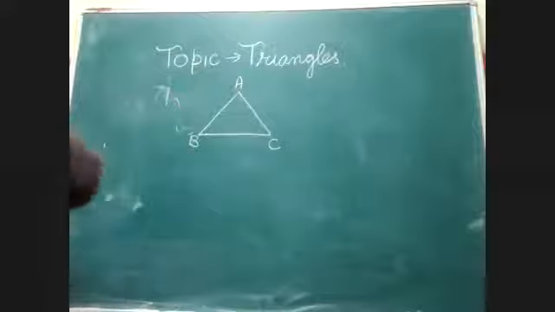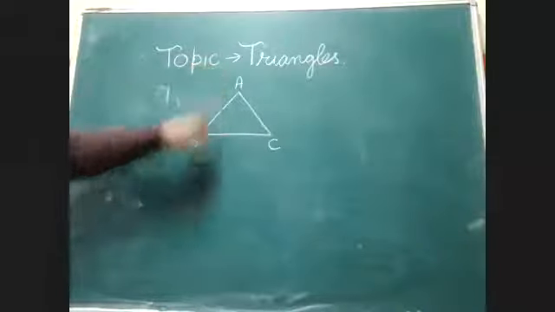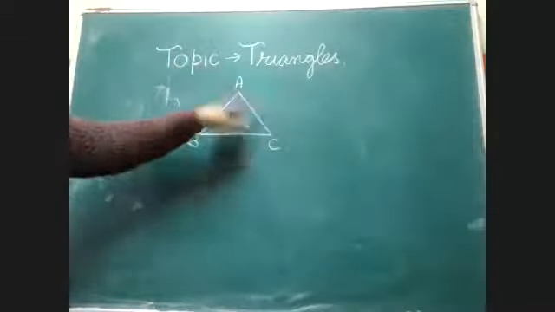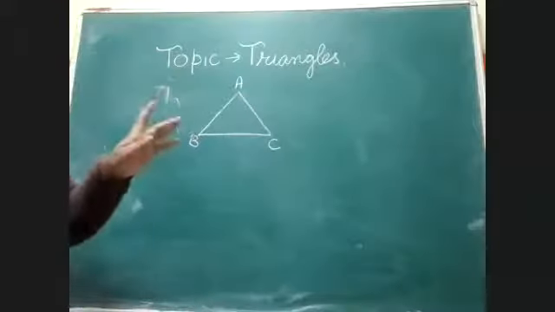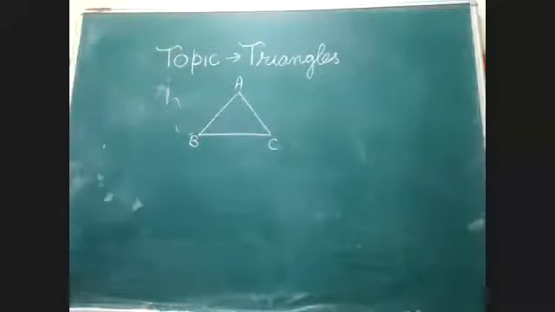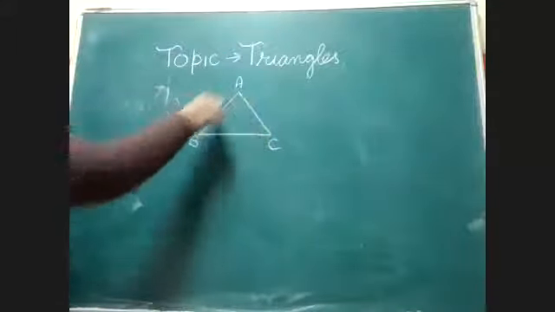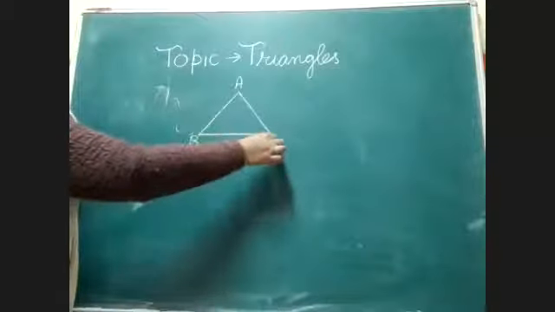Now some properties of a triangle. A triangle has 3 sides, 3 angles, and 3 vertices. These are sides: first, second, and third: AB, BC, and CA.